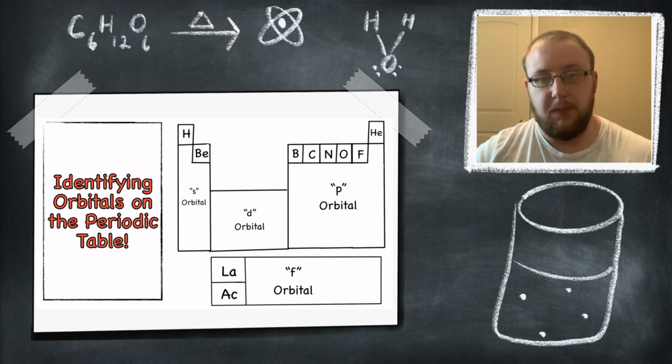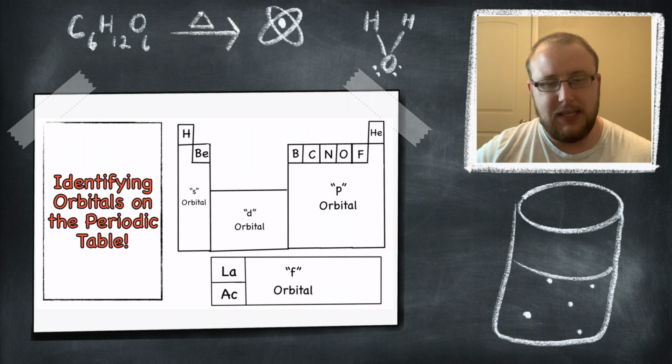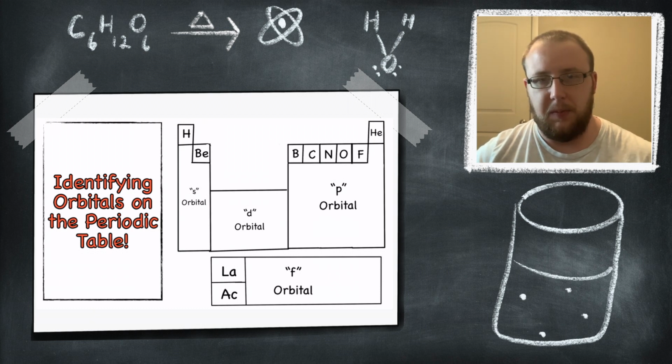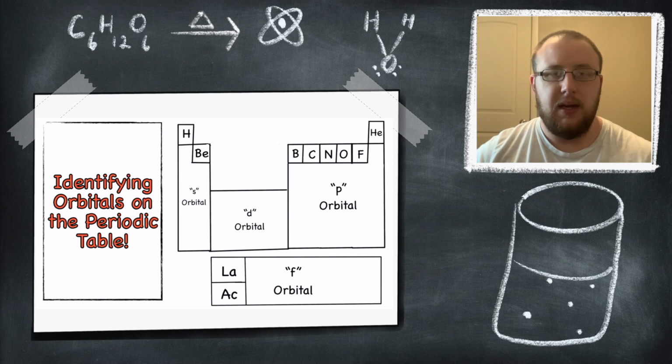The right section of the periodic table is going to be your p orbitals. Remember, p orbitals can have 3 subsections for a total of 6 valence electrons. Our transition metals, or our middle group, are always going to have a d orbital as their outermost layer, or valence layer.